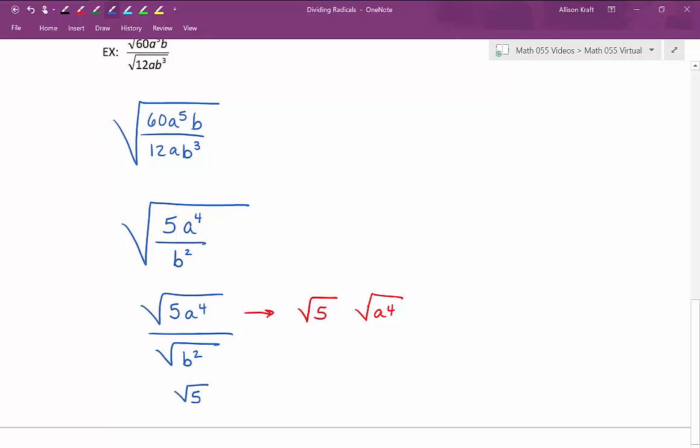But with the square root of a to the 4th, our index of 2, 2 goes into 4 2 times, so that's a to the 2nd on the outside, with no remainder, so we have no a's underneath of our radical. And then simplifying the square root of b squared, 2 goes into 2 one time, with no remainder, we get a final answer of a squared square root of 5 over b.